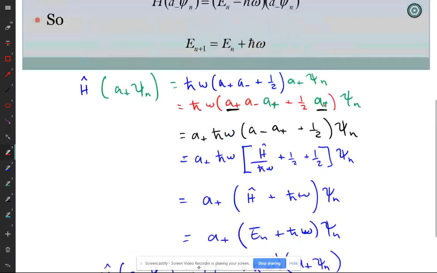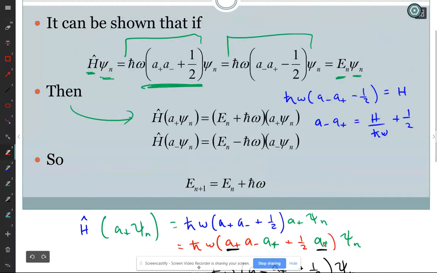So what we've shown is that if psi sub n is a function of the Hamiltonian, then so is a plus psi sub n. So as soon as I find my fundamental psi sub n, the lowest energy state possible, then I can just use the raising operator and find all the rest. And likewise, if I can find the energy of the ground state, I'll be able to build up all the rest of the energies.